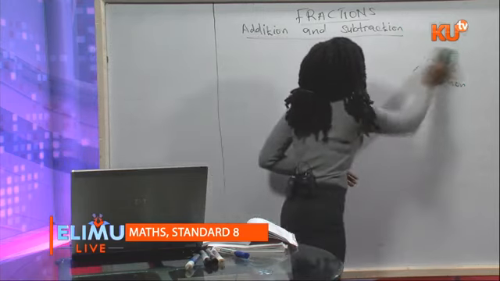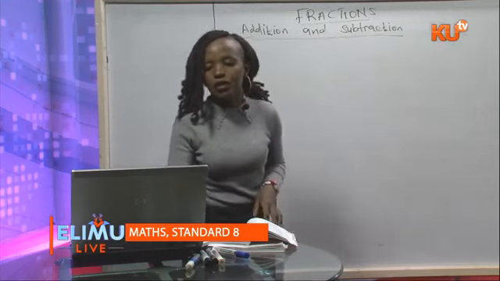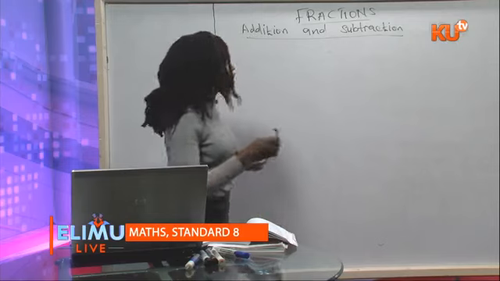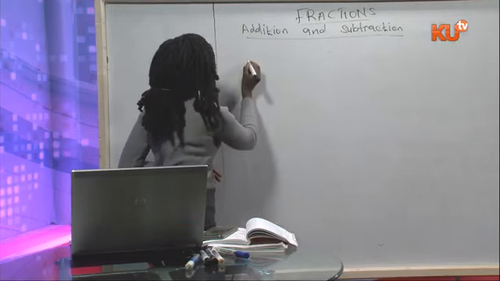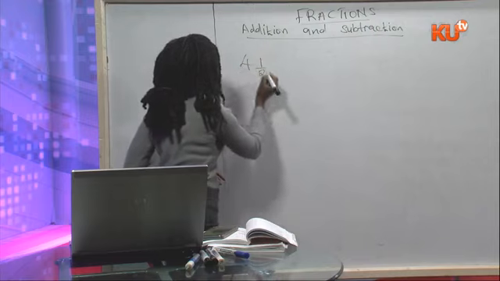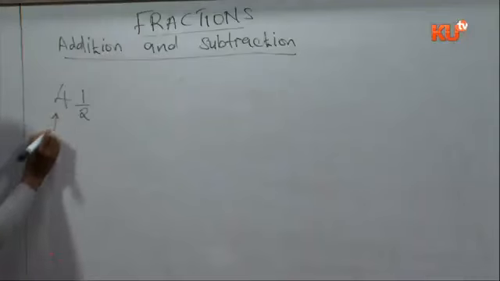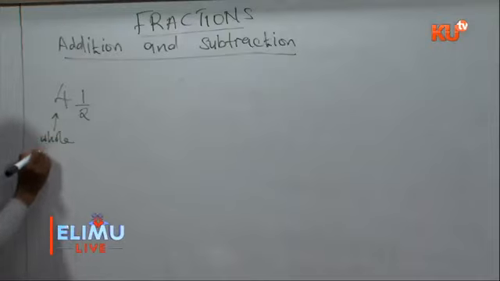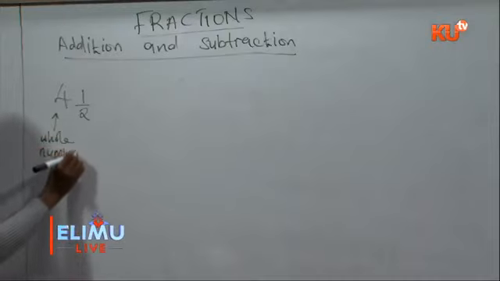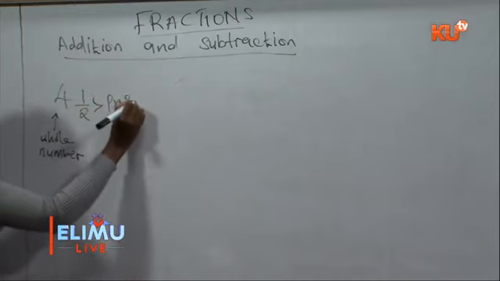So conversion, that is how to change a mixed fraction to an improper fraction. I'm going to use the example 4 1/2. This is a mixed fraction, whereby 4 is the whole number, and a half is a proper fraction.